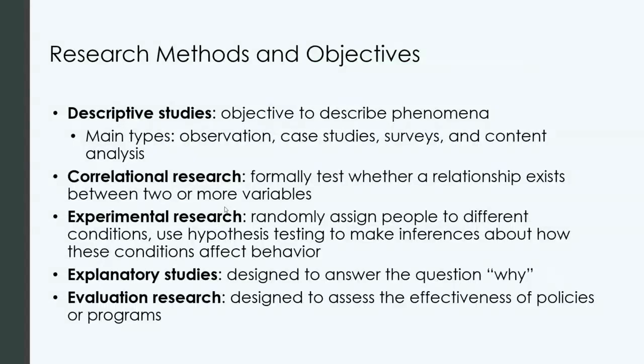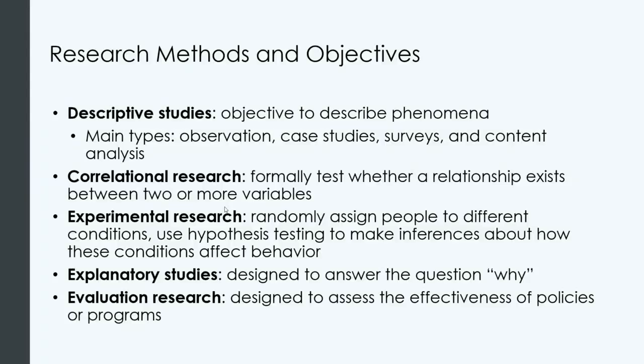There are many other things that can be done in research. A lot of times we're just trying to describe the way things are, and that could be an observational study, case studies, or running a survey. It also could involve looking at relationships between variables, and that would be a correlational study.